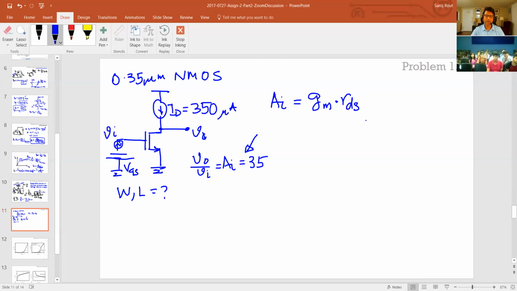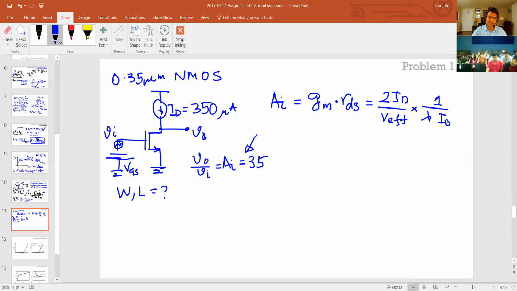If you ask me which gm equation to choose, it's a little bit from experience. From experience, you'll know that I want an expression where, because I know ID and need to find V effective, I'll use this equation. And RDS is obviously always 1 over lambda ID.